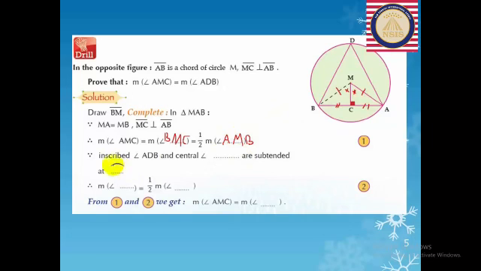Very good. So the inscribed angle here, and the central angle: what is the central angle with this inscribed? It's the same, AMB. Very good. And what is the subtended arc? It's AB.